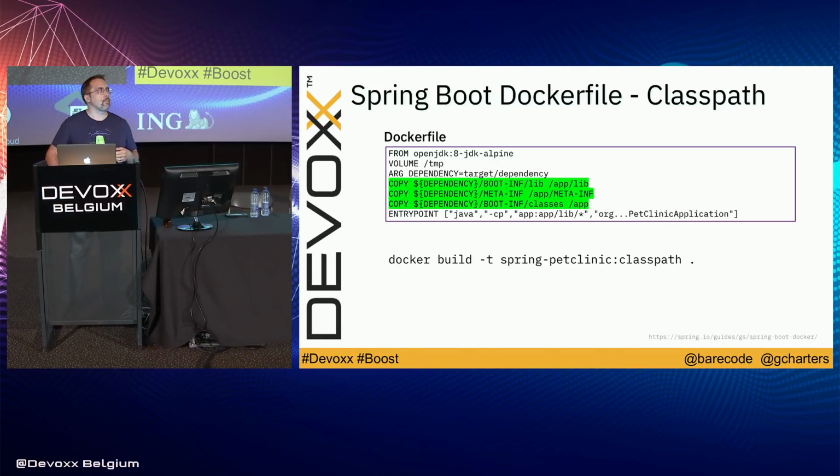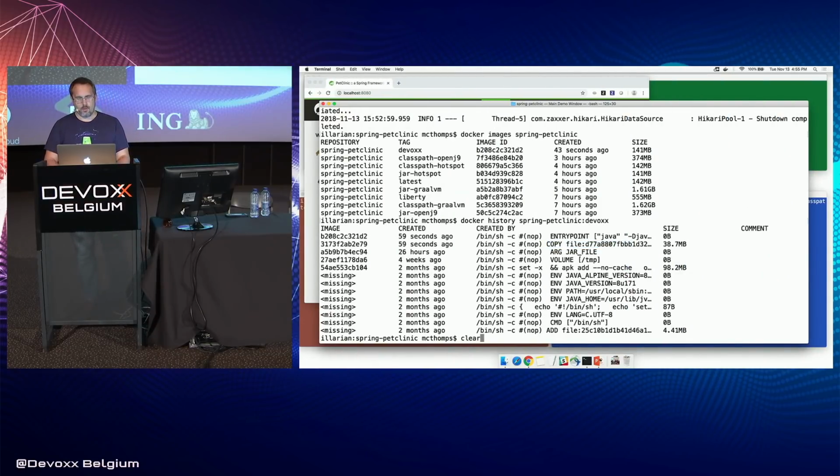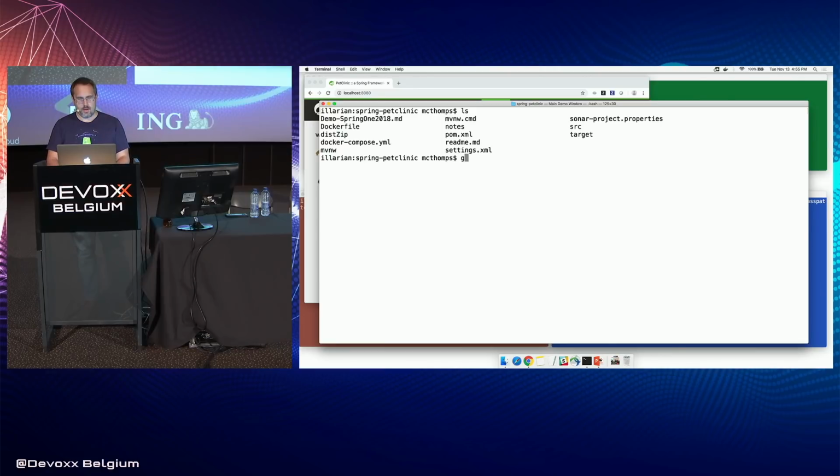Previously we had the single line that copied in the entire jar file. This approach is different. To help you understand why it's different, and why it is potentially better for your application, let's do another build. All right, I am going to steal a bit and check out a Git branch.